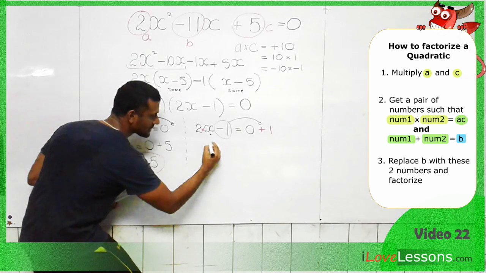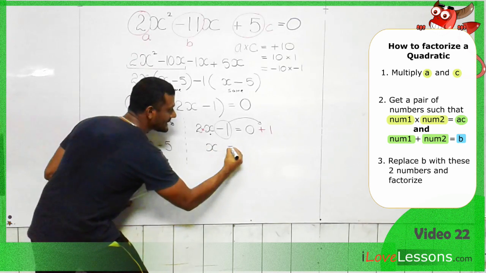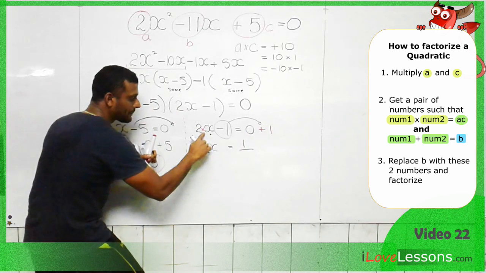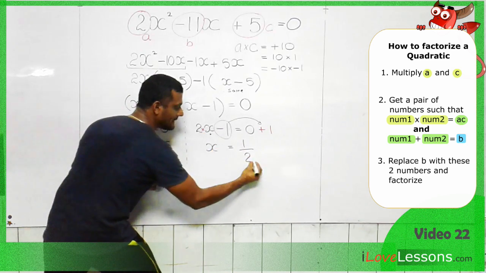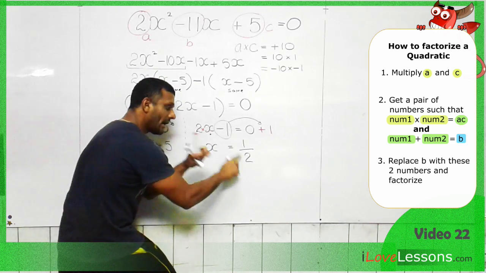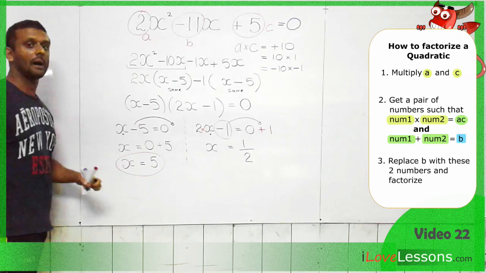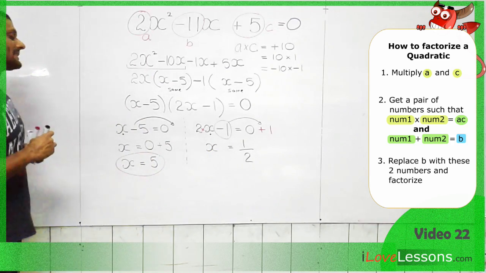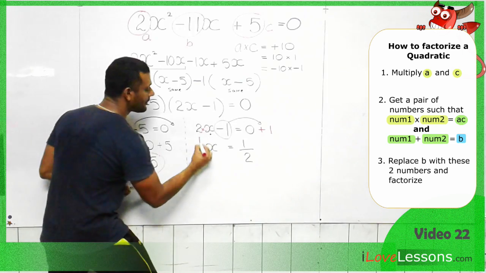So let's finish off this question. x is equal, 0 plus 1 is 1. The 2 is a multiply, throw it across, you're going to get a divide. But remember, the 2 was positive here. So when he goes on the other side, it still remains positive. Our second answer is x is equal to a half.